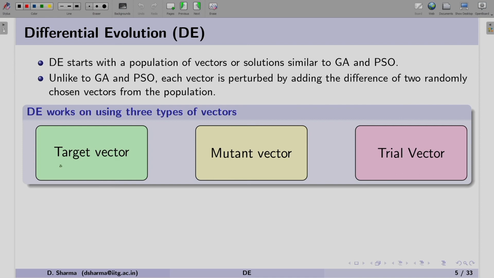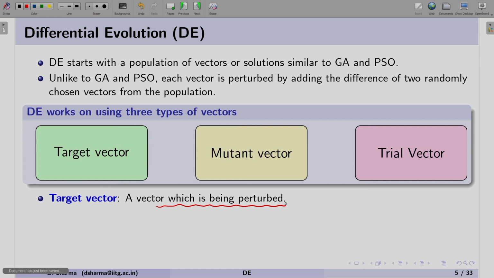There are three kinds of vectors in DE. Mainly we refer to them as the target vector, mutant vector and the trial vector. So, what are those vectors? As we can see, the target vector is the one which is being perturbed. So, we are going to choose one particular vector or solution and we have to change this solution using some operation.